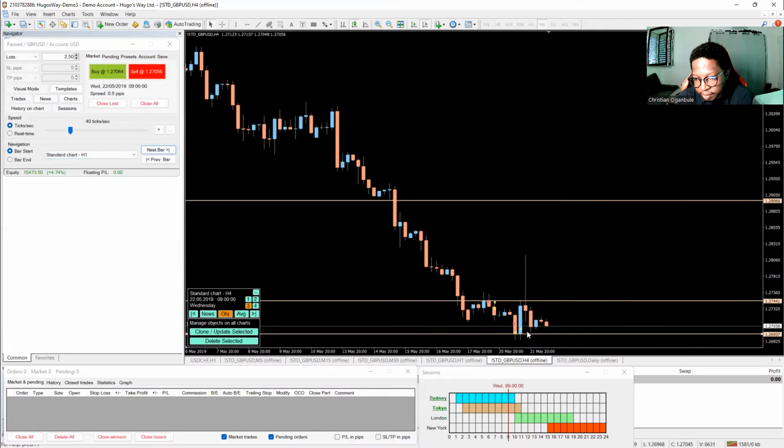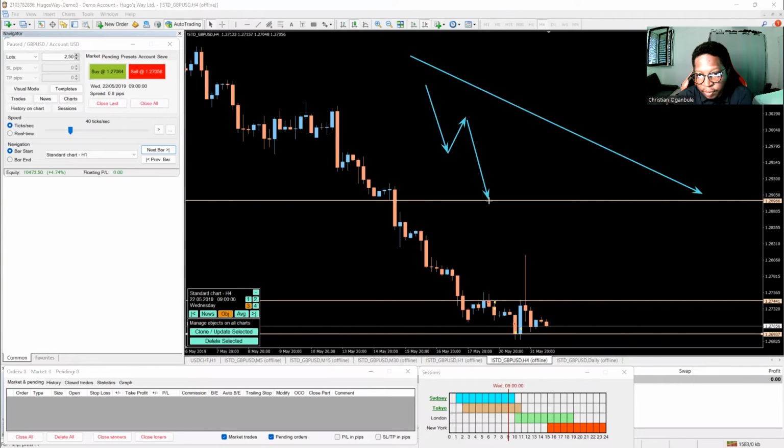Okay, so the new range is between here, and the same analysis from yesterday still holds. Everything is falling on pound USD currently. We were pushing down, and now we are stuck at the bottom of the range. Okay, so if we get a breakout, we can continue to the downside.